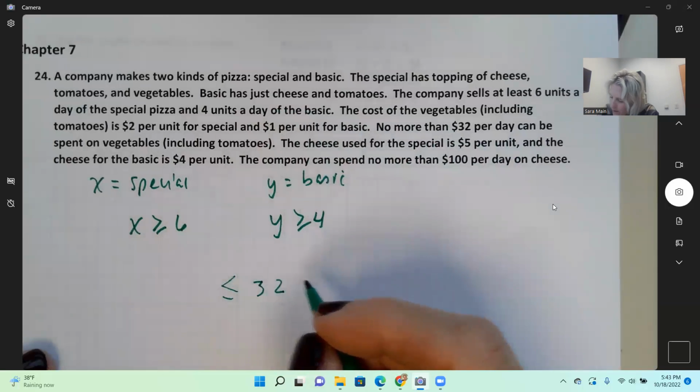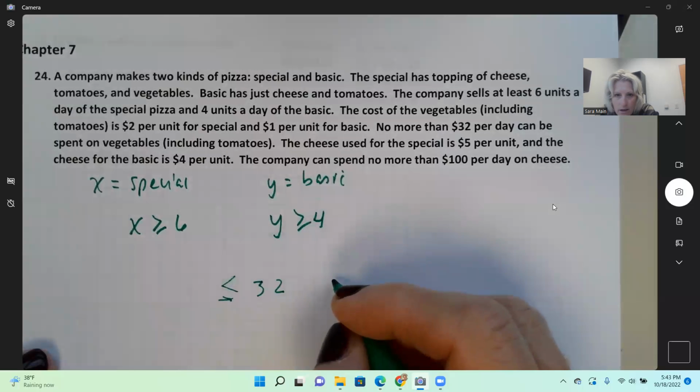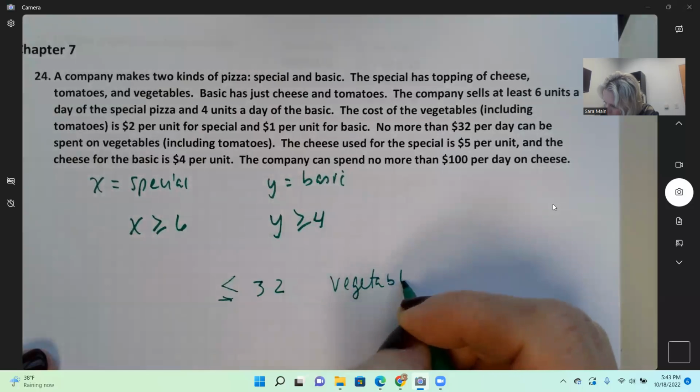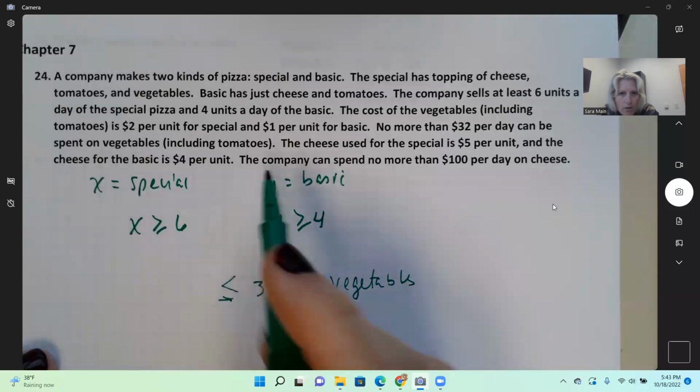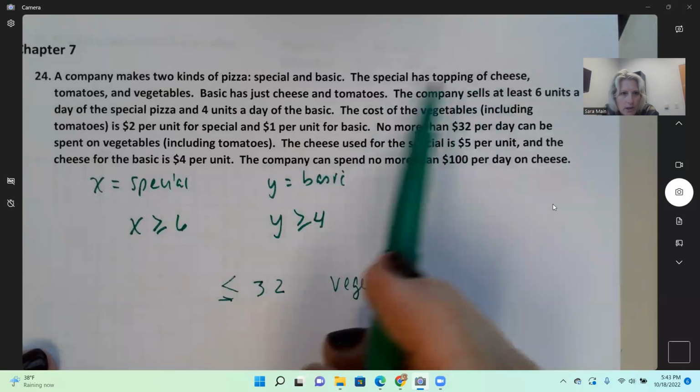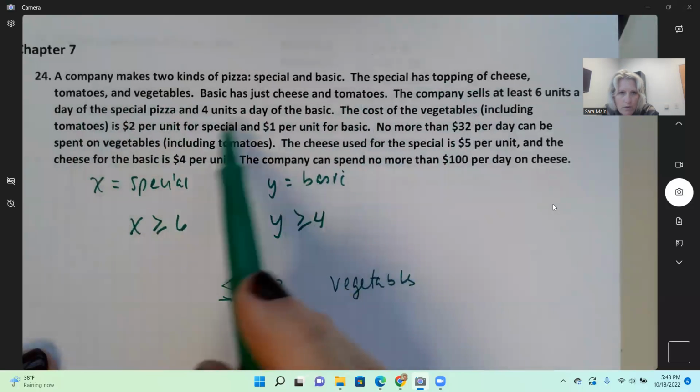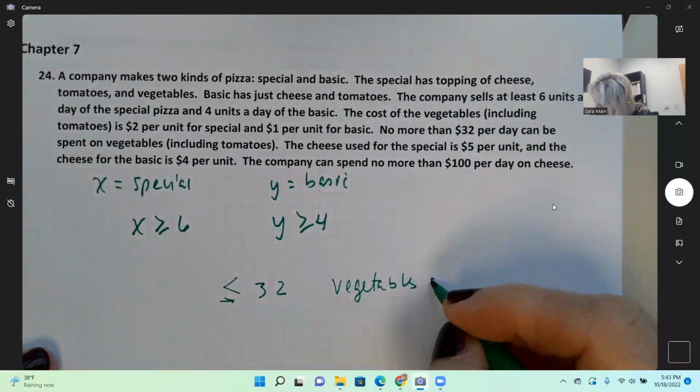Okay, so this is the vegetables restriction. Well, the special one has cheese, tomatoes, and vegetables. The other one just has tomatoes. So this is vegetables and tomatoes together.